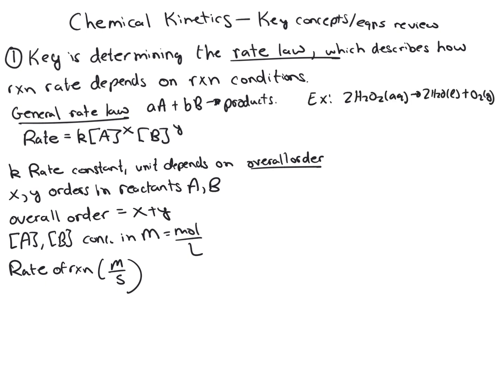Just to highlight that with an example, let's say we're looking at the decomposition of hydrogen peroxide. We have an equation. Then in this case, the specific rate law would be something like rate is equal to K [H2O2] to some unknown power X. And in this case, when we're doing different experiments, what we're trying to find is K, the rate constant.